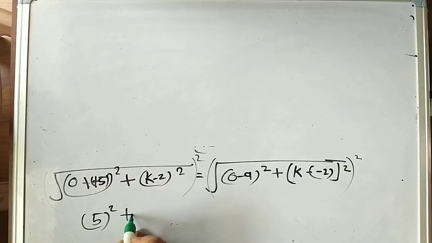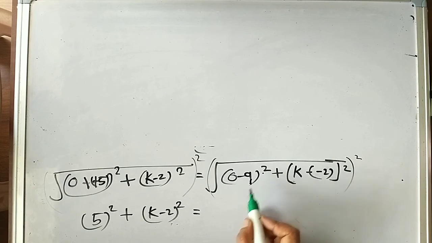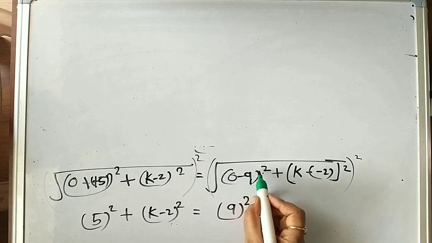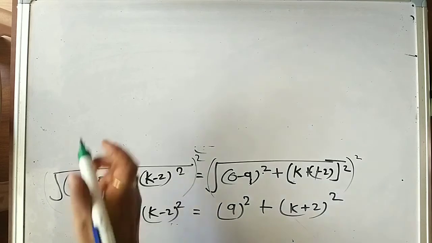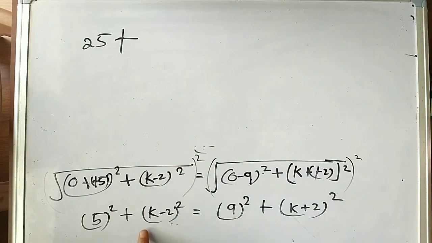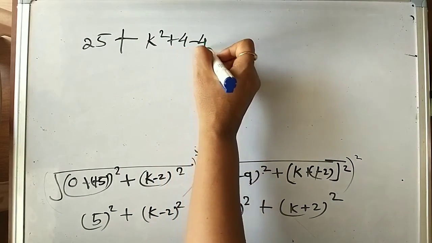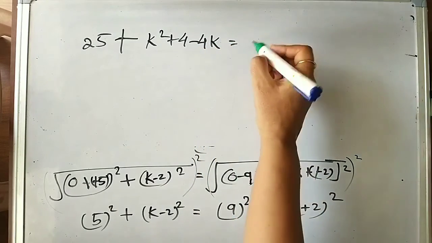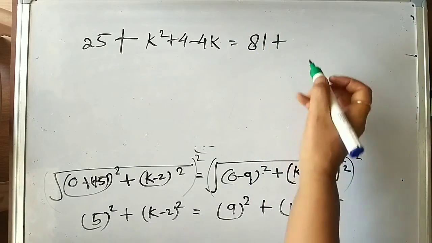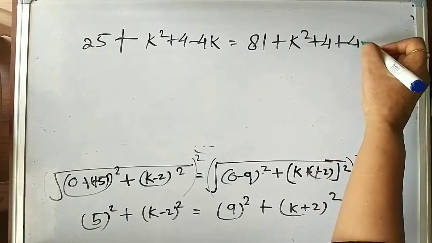So 5 square plus (k minus 2) square, root is gone, (0 minus 9) square is 9 square only because minus becomes plus, plus (k plus 2) square. Now let me simplify. This is 25 plus, using a minus b square is a square plus b square minus 2ab, k square plus 4 minus 4k. This is 81 plus k square plus 4 plus 4k.